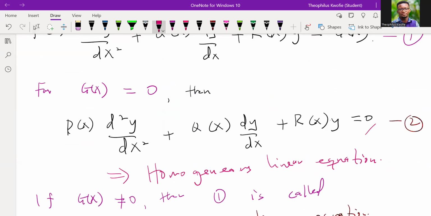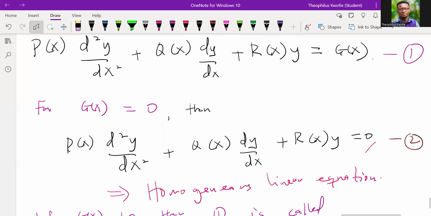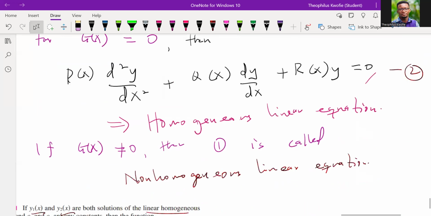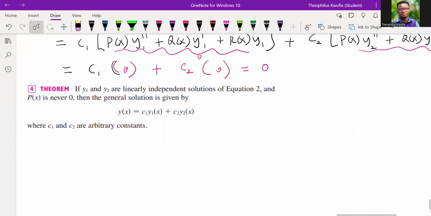If we claim that p of x is never zero, in other words, the coefficient of the second derivative is never zero, then we claim that the general solution can also be written as a linear combination, where C1 and C2 are arbitrary constants.